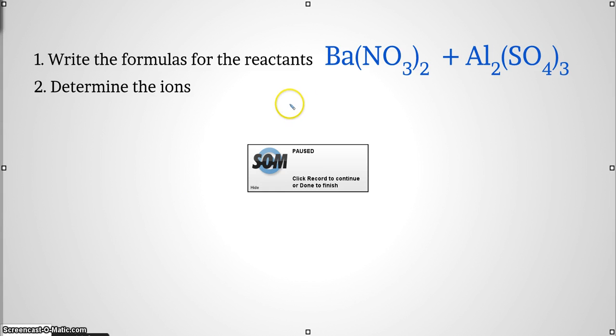So we said before that our barium has a charge of +2, so we're going to say Ba2+, and then we have nitrate NO3-, and then our aluminum ions have a charge of +3, and our sulfate ions have a charge of -2. Okay, so we want to see all of those individual ions as they are in solution.